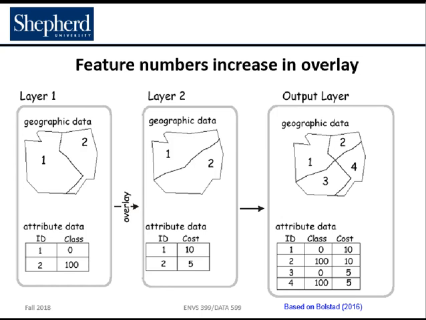Any type of vector may be overlain with any other type. Output typically takes the lowest dimension of the inputs. For example, point on polygon would result in a point output layer. So you have a point input layer, a polygon input layer. You're going to end up with a point output layer.